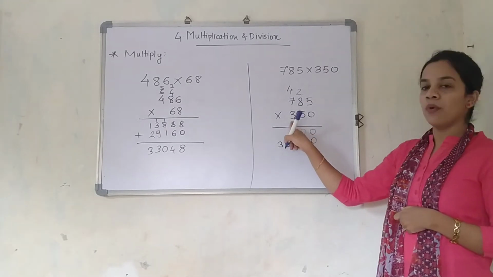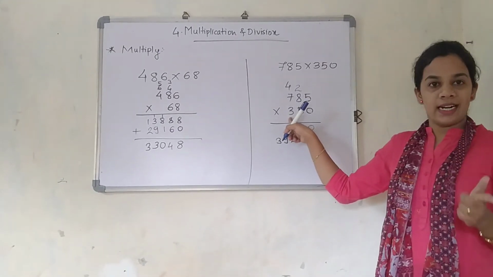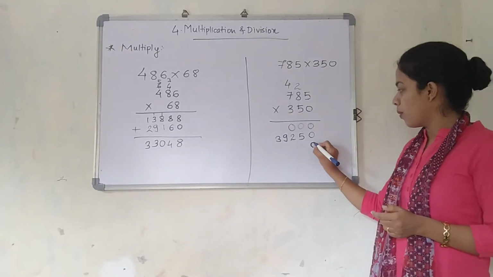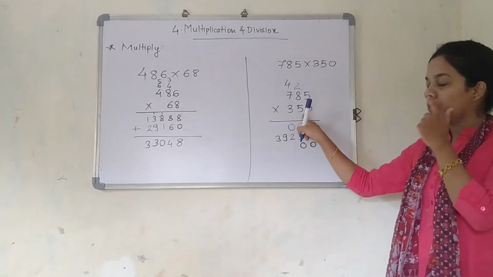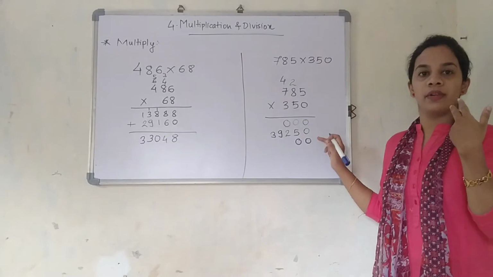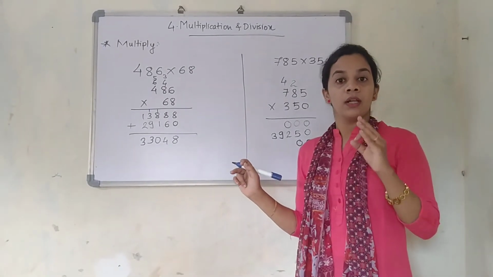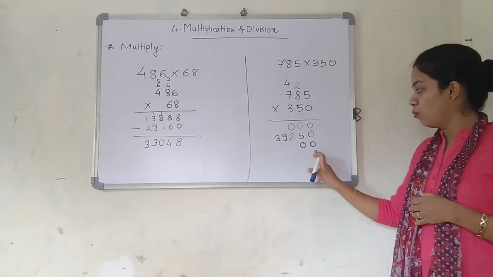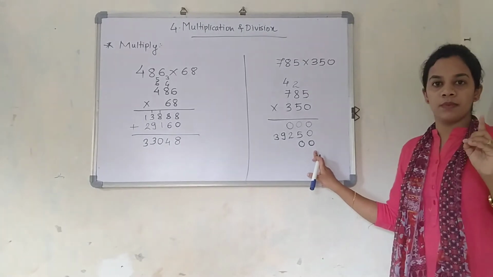Now when I am going to go on the hundreds place, what I am supposed to do is add 2 zeros over here. When I was starting for the tens place, I added 1 zero, and now for the hundreds place I am going to add 2 zeros. Okay, always keep this in mind.